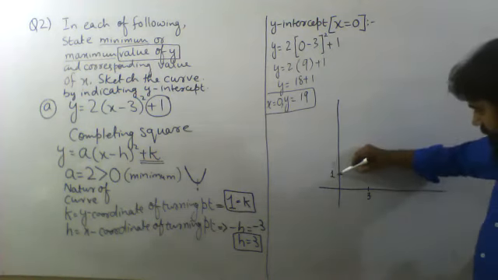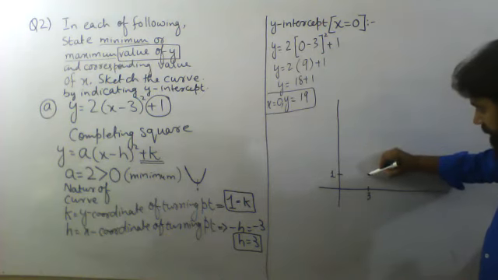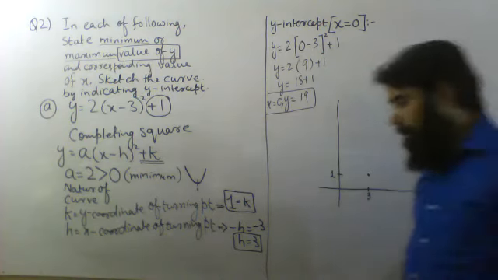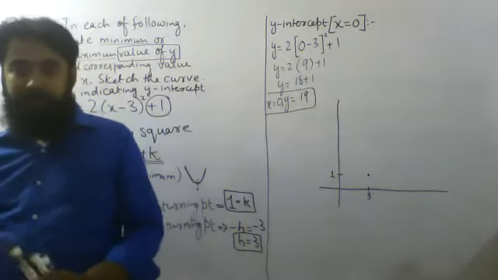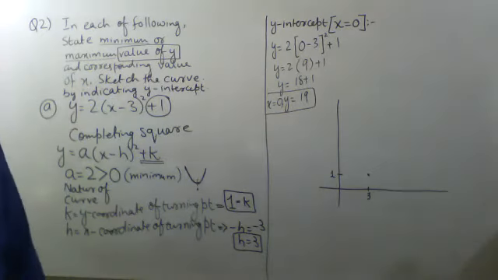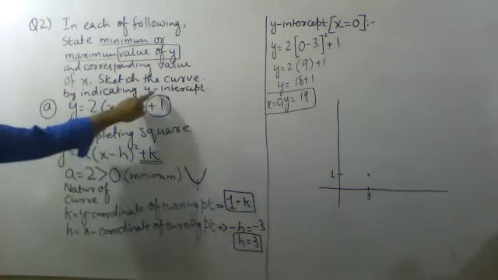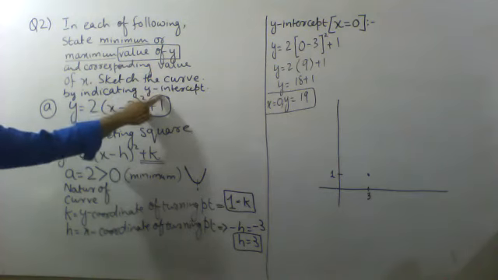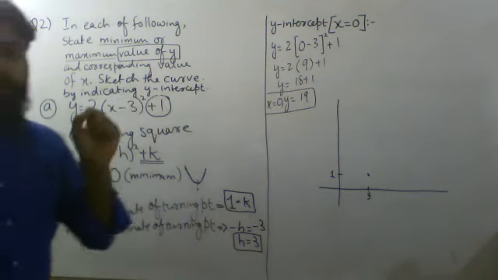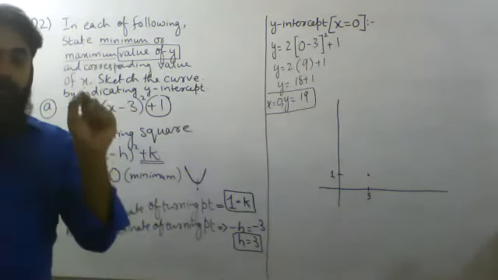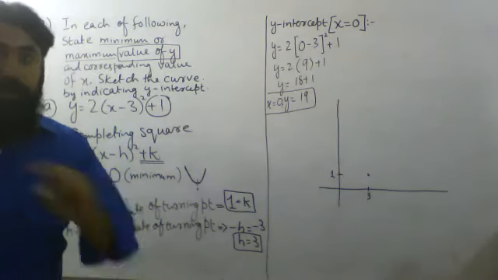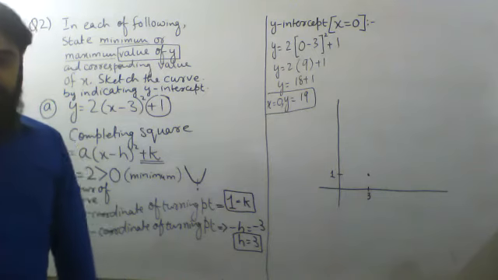See, madam, where they are going to meet? This is your turning point. I have indicated where my turning point will be. After that, y-intercept. Y-intercept means that point where your graph is going to cut the y-axis.